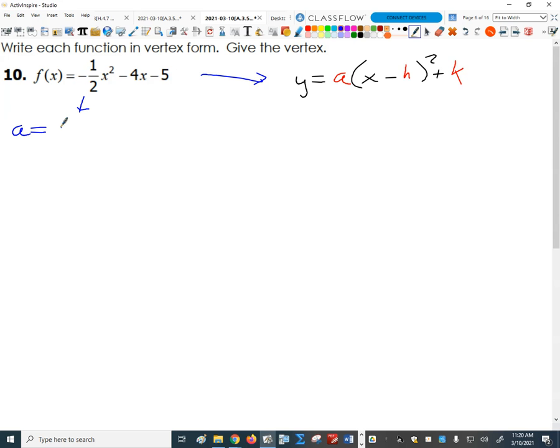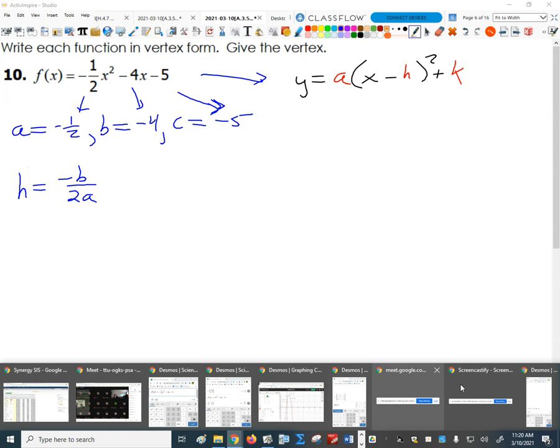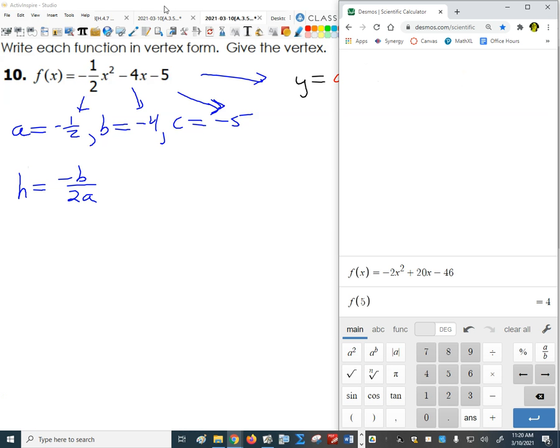Okay, so let's write those down. A equals -1/2, B equals -4, C equals -5. We know our formula for calculating H, -B over 2A. And look, I can even do that in Desmos too, right? I'm going to be using Desmos anyway.